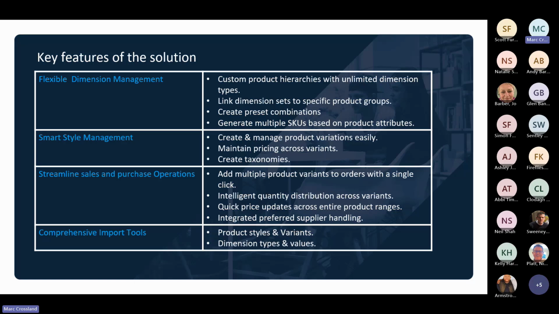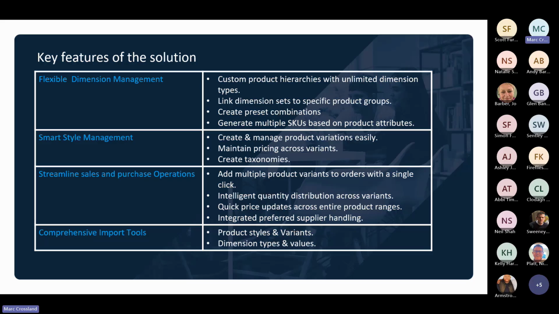The key features, I guess, are custom product hierarchies with unlimited dimension types, so you can add size, color, width, length, whatever you can think of. It will automatically generate these SKUs based on these attributes. They're easy to manage once you've created them.